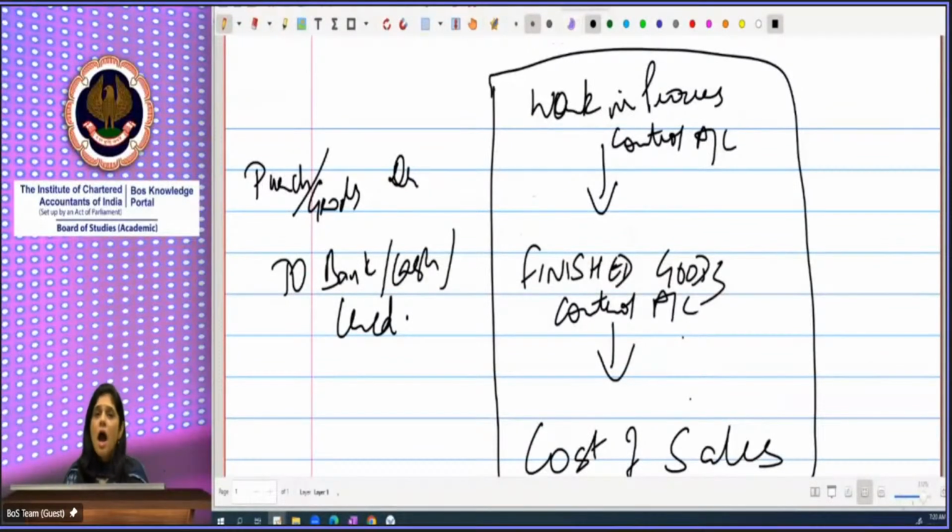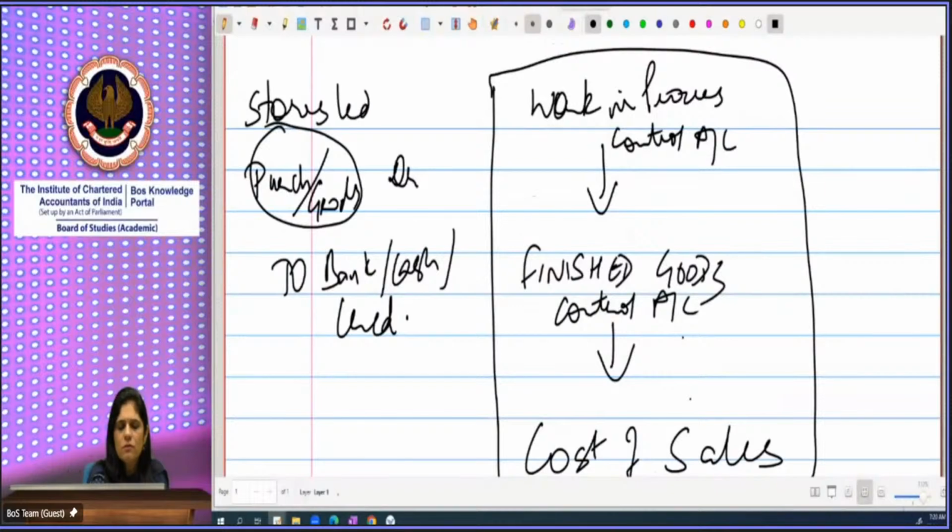Now, how do we convert this journal entry into the cost accounting system? We have to use cost terminology again. If we are using cost accounting, we have to use cost terminology. So purchases and goods will be converted. The name we use is stores ledger control account. Stores is where the inventories are kept.